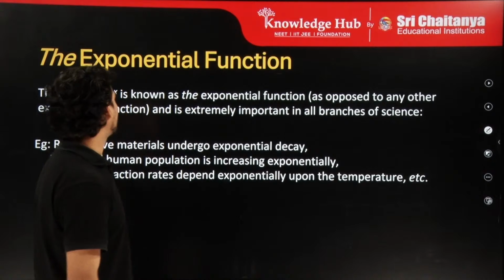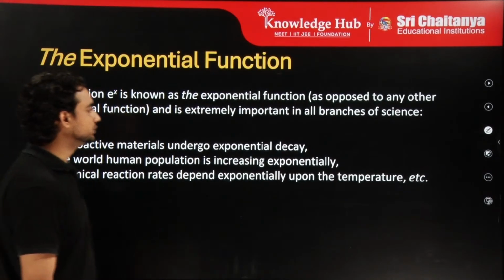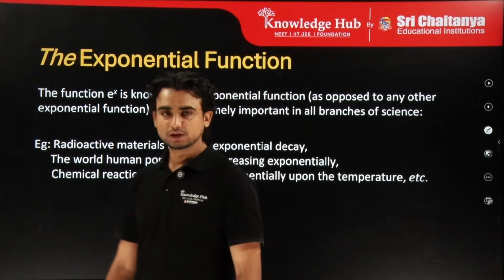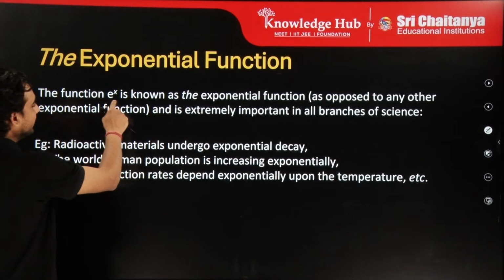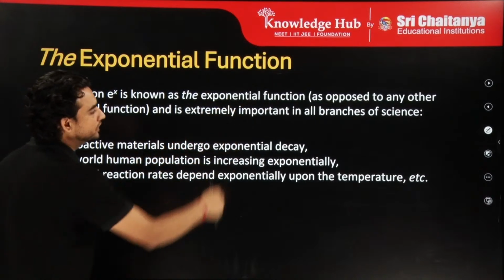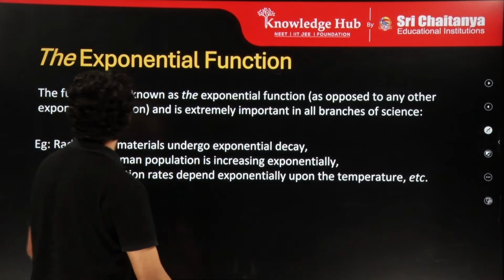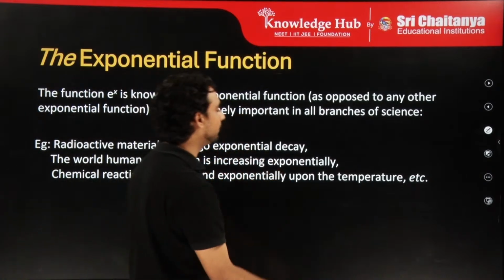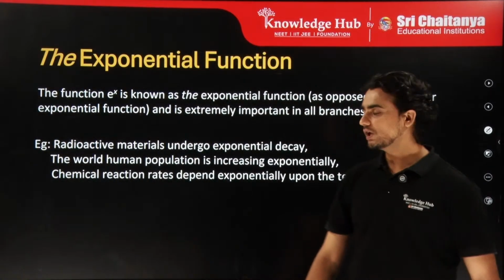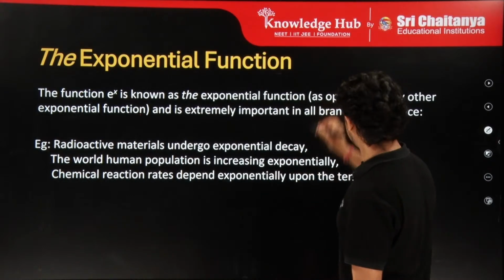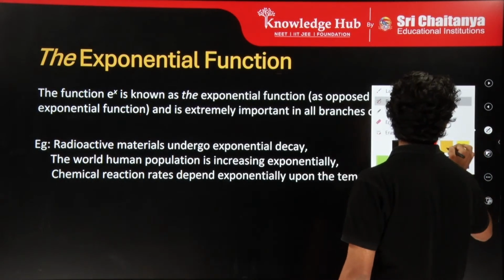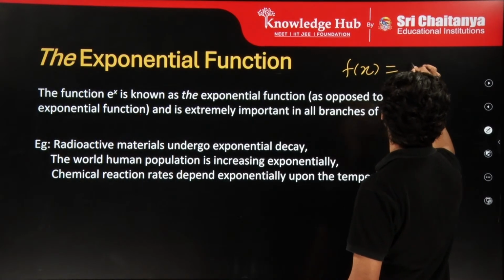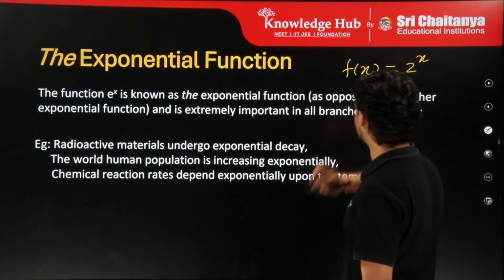Now my last topic is the exponential function. So what do I mean by the exponential function? The function e^x is known as the exponential function, as opposed to any other exponential function, and is extremely important in all branches of science. So we know what 2 raised to x is. Let's say I have a function f(x) as 2 raised to x, right?